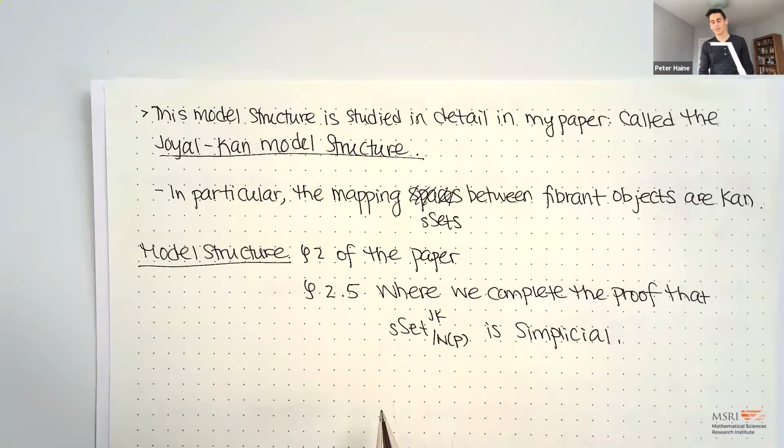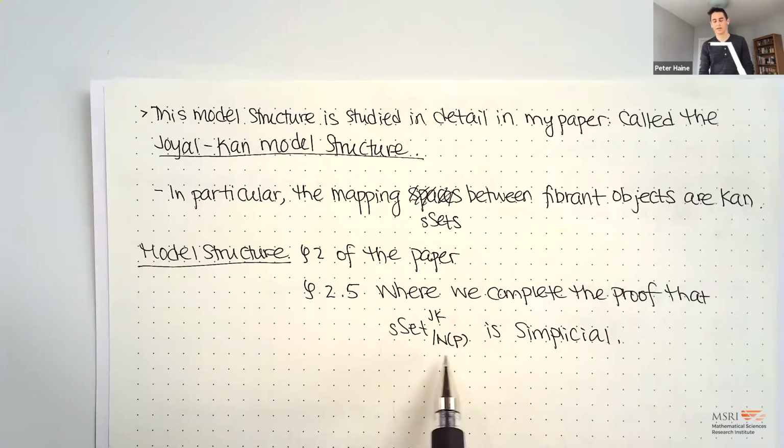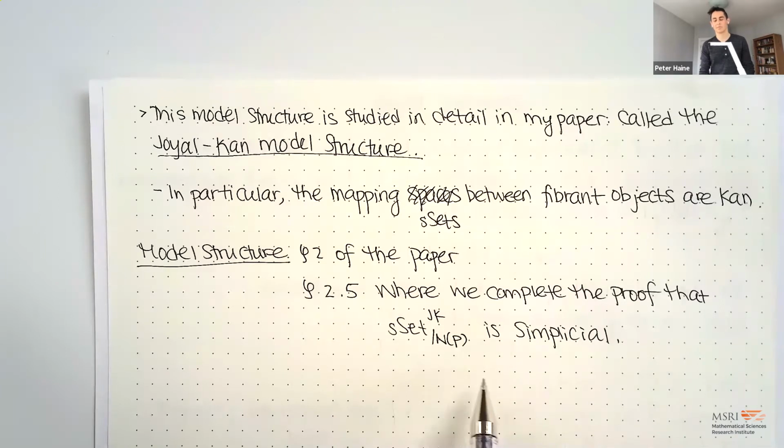So all you need to do if you want to show that the weak equivalences here are stable under filtered colimits is find some way of replacing an arbitrary object by a weakly equivalent one, in a functorial way, such that the functor preserves weak equivalences and the fibers are Kan, and then you're done by this Joyal thing.